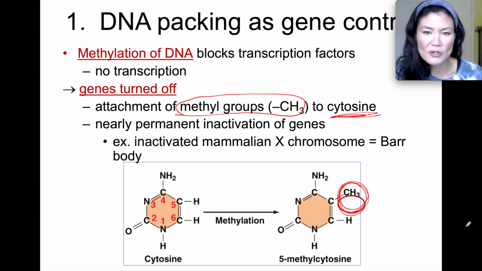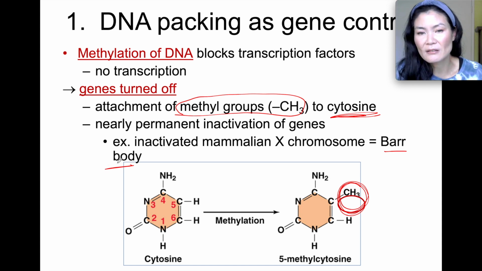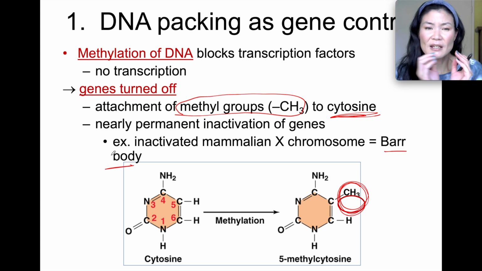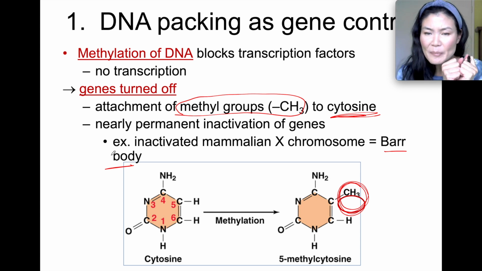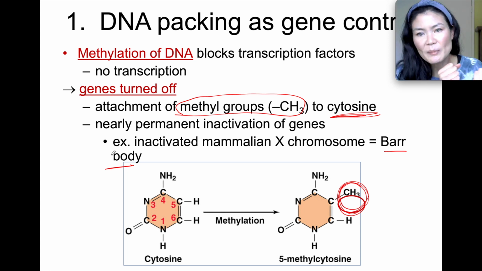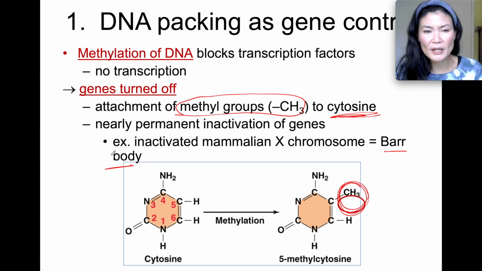So no transcription. An example of this is in the X chromosome with the bar bodies. The X chromosome that becomes a bar body gets methylated, and in addition to being methylated, it gets tightly packed or coiled up. So RNA polymerase can't even access it anyway, okay? So that's one way that genes can be turned off, is if they are methylated.